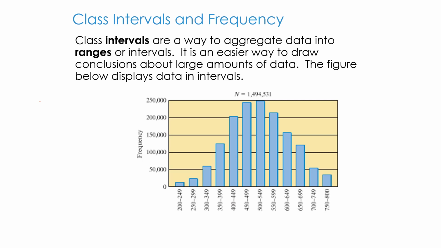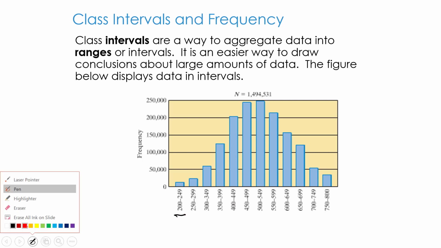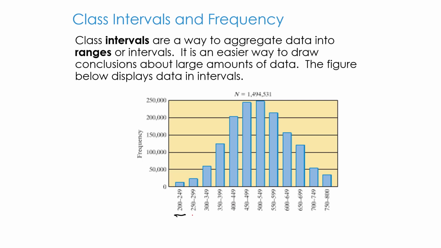So the bar on the left goes from 200 to 249. The next one, values from 250 to 299. Notice that they're all about the same width. From 300 to 349, from 350 to 399.